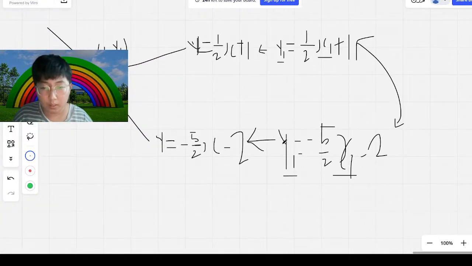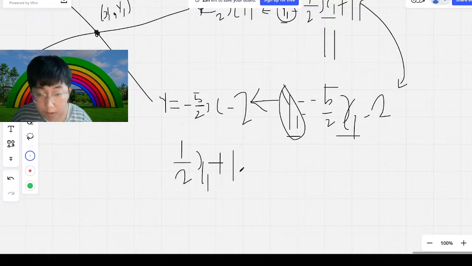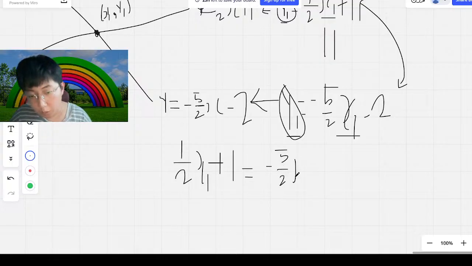How do we solve this? Well, y1 is the same here, so we can actually equate these two. So 1/2 of x1 plus 1 is equal to -5/2 of x1 subtracted by 2.